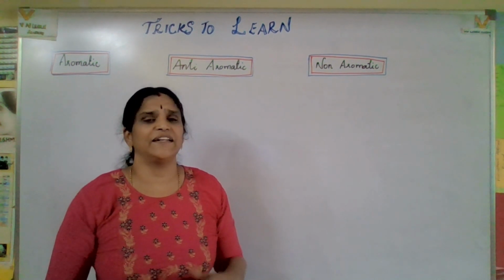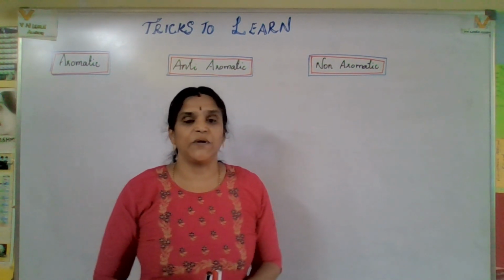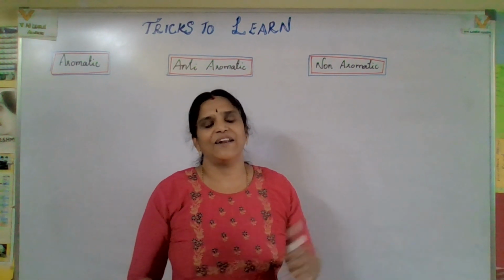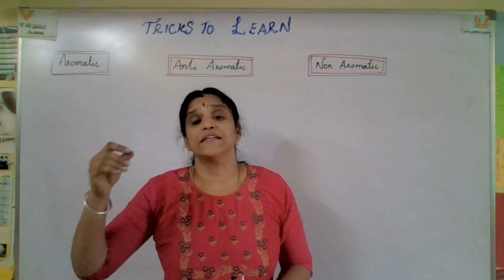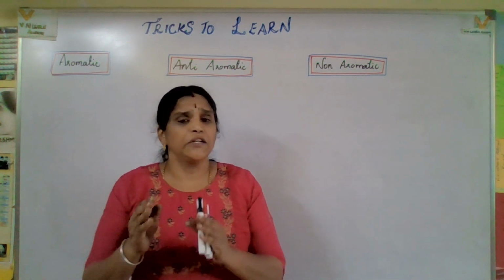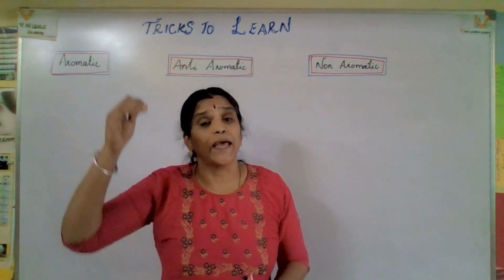Today, we are going to learn something different, which is tricks to identify aromatic, anti-aromatic, and non-aromatic compounds. Generally, when we are solving sums, time limits are there, so we cannot solve if we go in order.